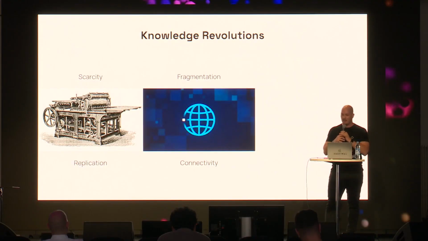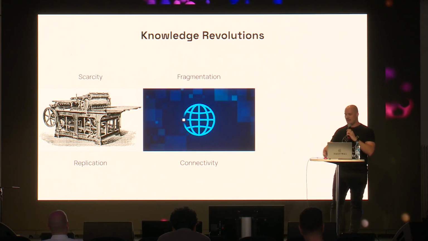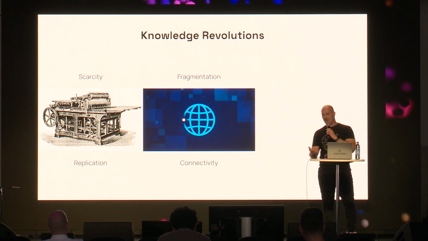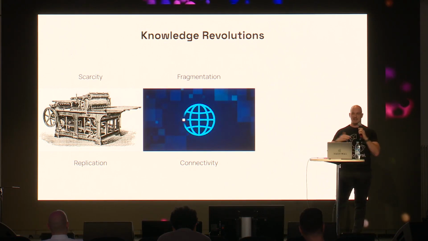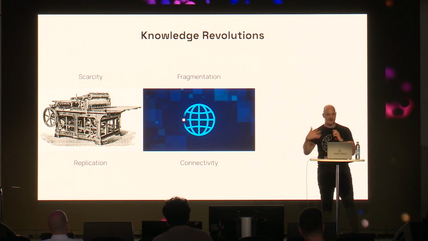The second knowledge revolution is what we're still living right now, which was basically taking all that fragmented knowledge and solving that problem by connectivity, the web in general, both in a physical sense, like connections of machines, but also connections of data, like I said, Web 1, Web 2, and so on.